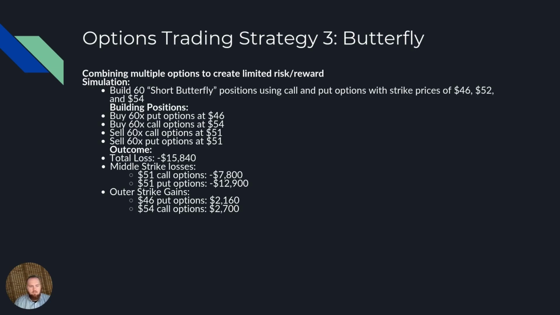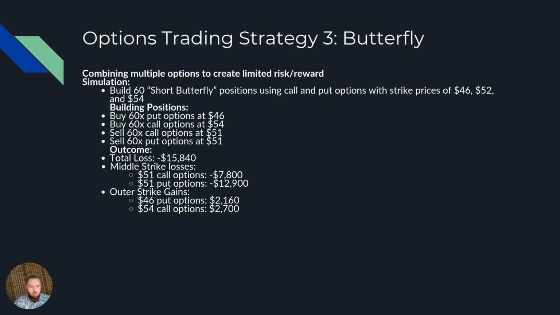To build the position, we bought 60 puts at $46, bought 60 calls at $54, sold 60 calls at a $51 strike price, and also sold 60 puts at the middle strike of $51.